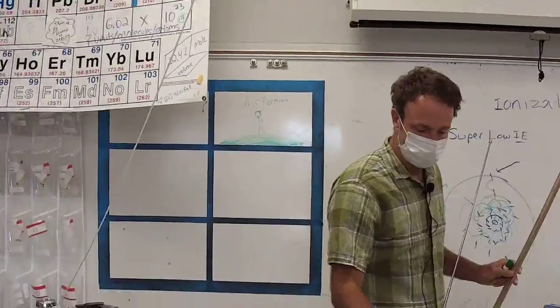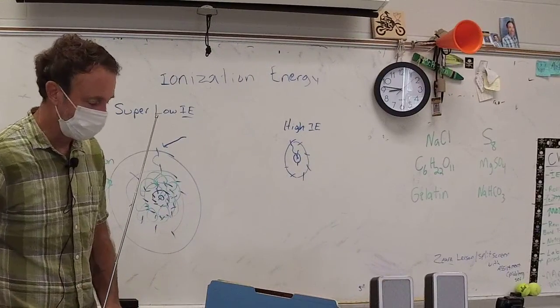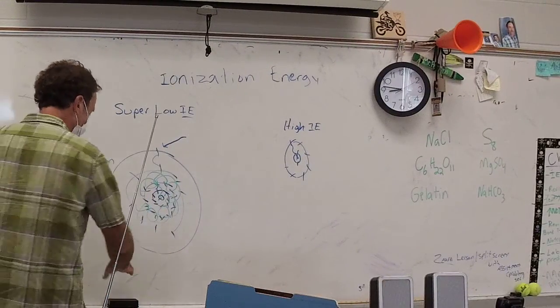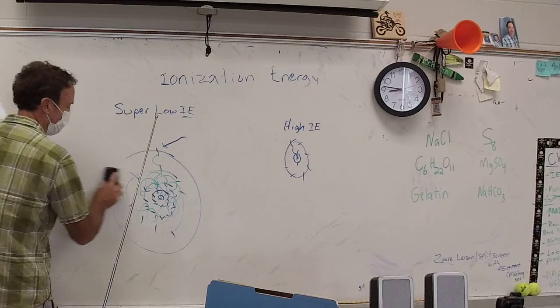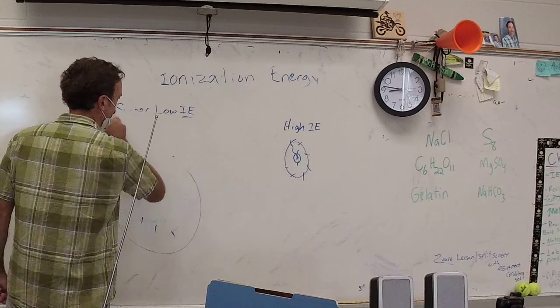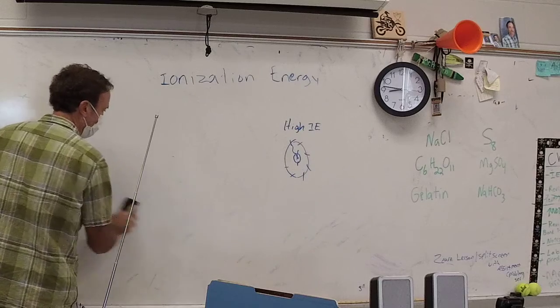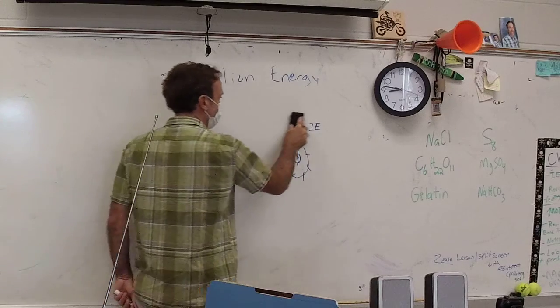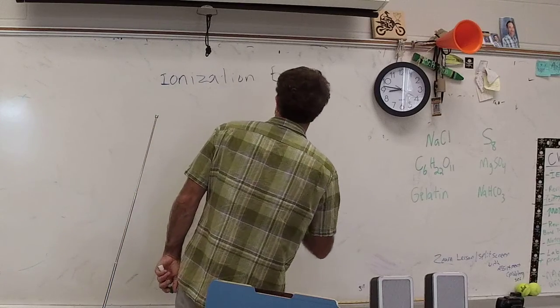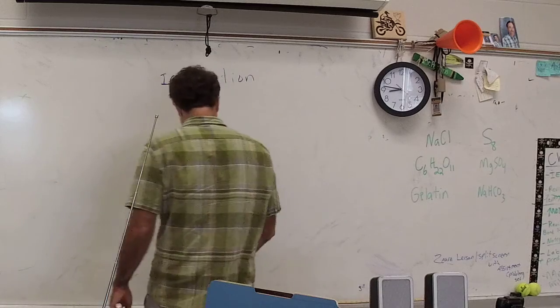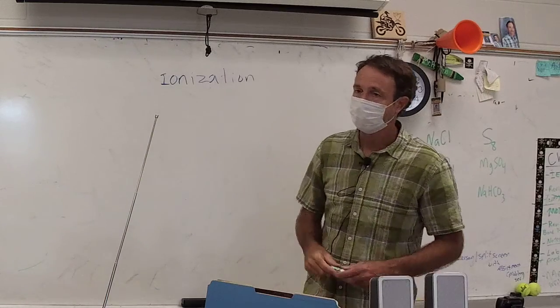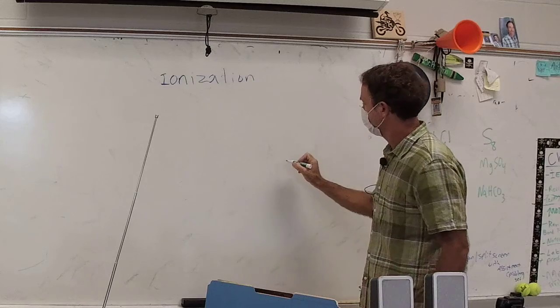So now, let's watch an atom undergo different ionizations, okay? We're going to ionize an atom, okay? We're going to run it through multiple ionizations. Let's come up with somebody here.